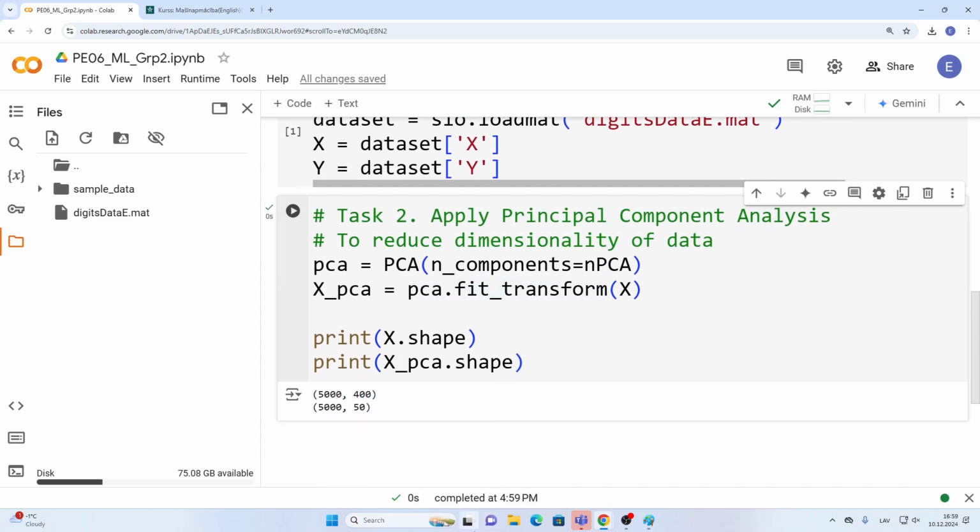As you can see, now the original data x has 400 columns, which are features, your inputs for the neural network, and 5,000 different digits, zeros to 9, whereas after principal component analysis, we have only 50 columns and also 5,000 pictures. So we have reduced the amount of data around 8 times. The question is though, didn't we overdo it? Maybe now it's not going to be as accurate as before anymore. That's what we want to find out.